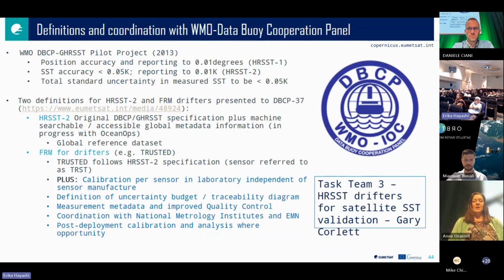This includes the calibration per sensor in a laboratory, independent of sensor manufacturer, the definition of the uncertainty budget and traceability diagram, as I explained, the measurement metadata and improved quality control, the coordination with the national metrology institutes and the European Metrology Network, and if we can, then post-deployment calibration and analysis where there's the opportunity. So all of these definitions have been coordinated with the DBCP and presented at recent meetings.